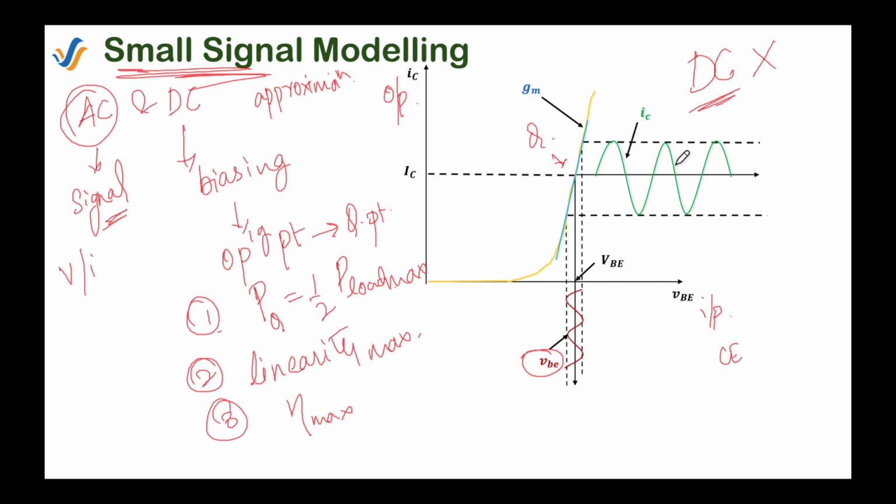You can see that this output current is confined, restricted to the linear part of the transfer curve. The bigger your signal becomes, the more it will cover the transfer curve, and in covering the transfer curve it loses linearity, efficiency becomes low, and distortion also comes in. Harmonic distortions will increase, then obviously power dissipation will also increase.